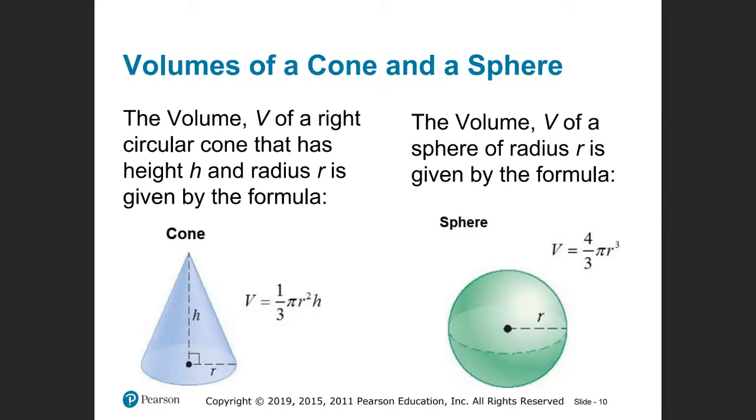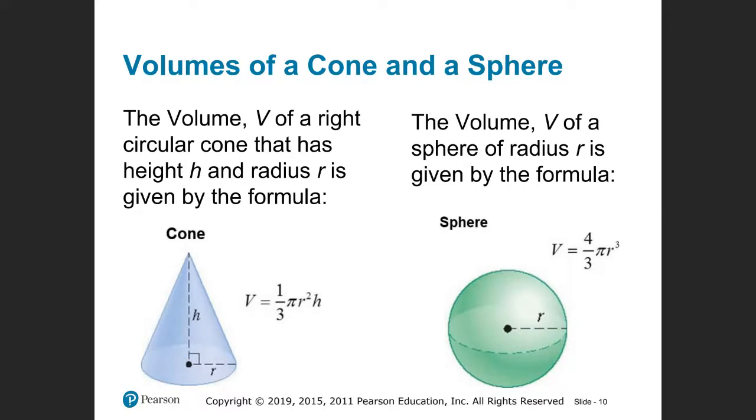Next, the volumes of a cone and a sphere. The volume V of a right circular cone with height h and radius r is given by the formula V is equal to 1/3 pi r squared h. Remember, h is the height, not the length of a side, and r is the radius.